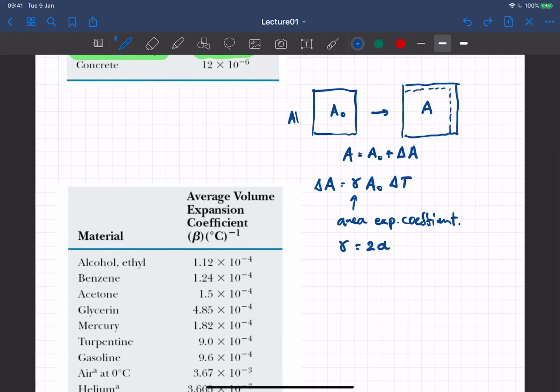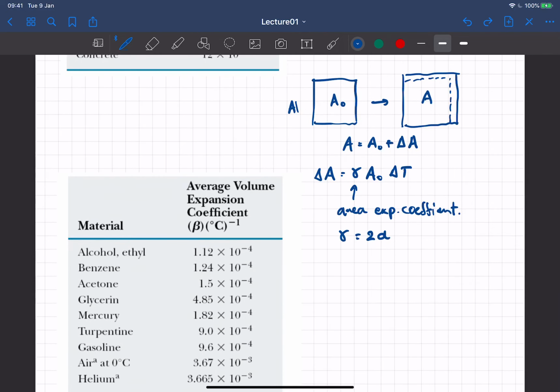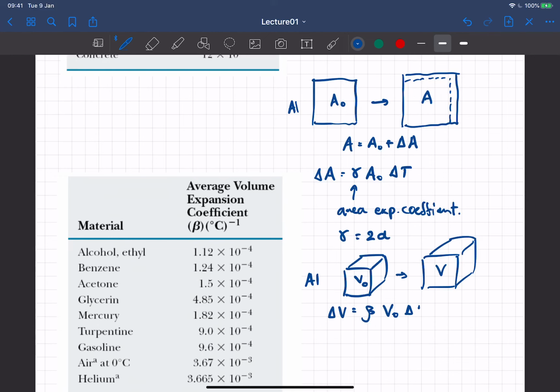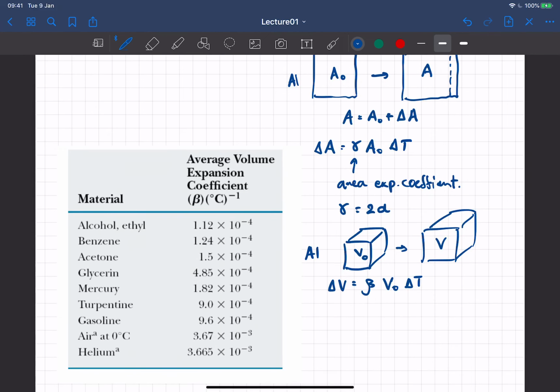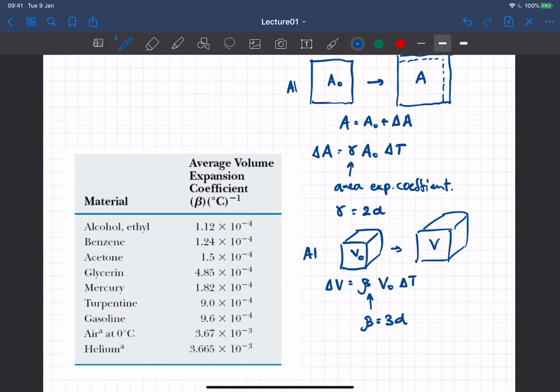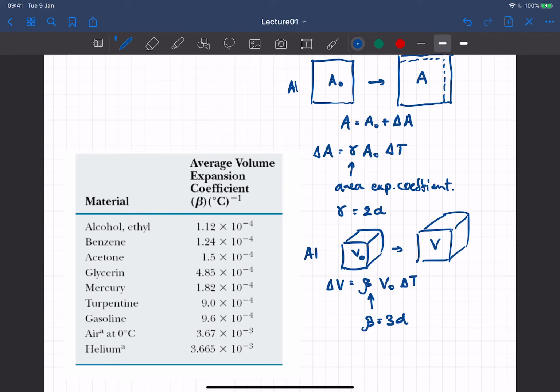So if you continue for this aluminum piece, you take aluminum which is a cube, which has the initial volume of V0, and then you heat it up, it becomes a bigger volume, right? And then delta V is the same as what we had earlier, with delta T. It can be shown that beta here is just 3 times alpha for the material that you know what alpha is.